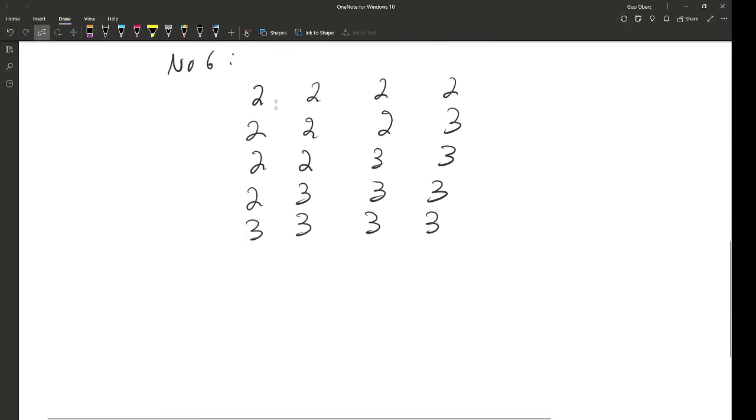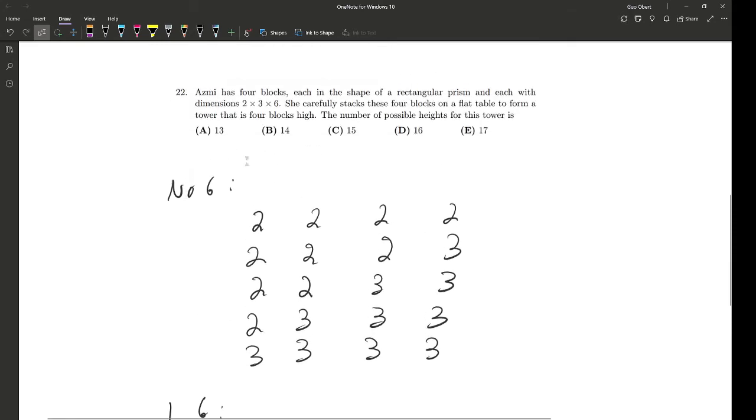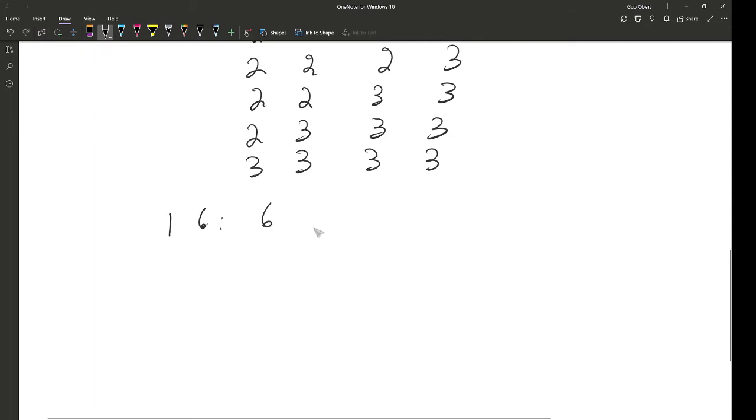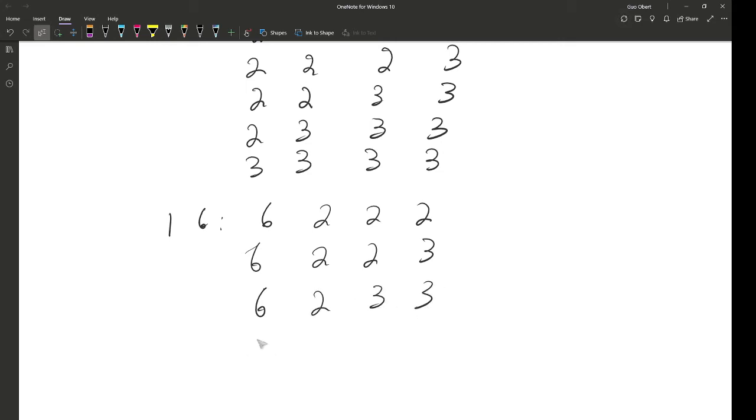And so now let's consider the case when we have 1 6. So we have 1 6, then the next 3 blocks can all have a height of 2, or the next 2 blocks can have a height of 2 and 1 of 3, or we can have 1 2 and 2 3s, or we can have 1 6 and 3 3s, right?